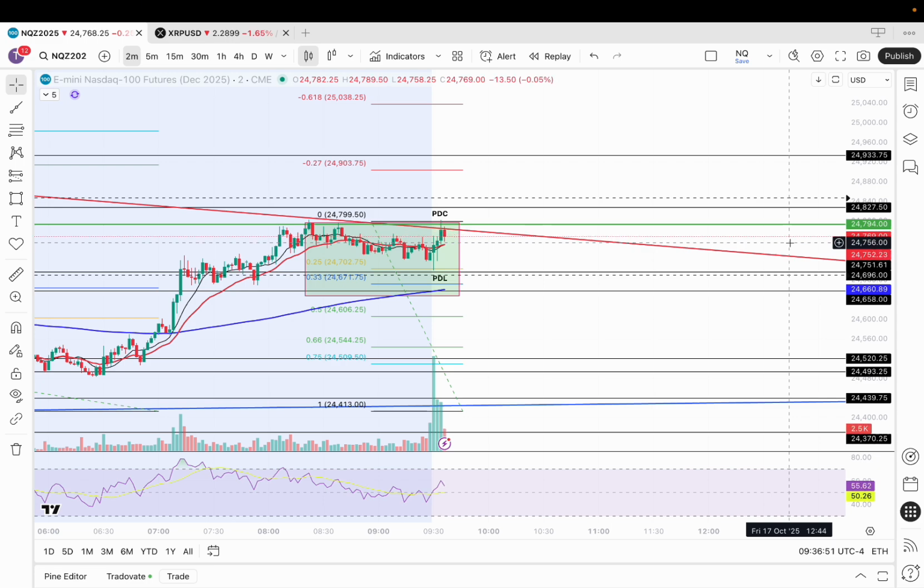This is where I get impatient. I want to just go ahead and get in and get out and go about my day, but I've just got to be patient. One of my biggest problems is the patience. Sitting here waiting and waiting. I can't force moves, I know that, but I sure like to try sometimes to force it.